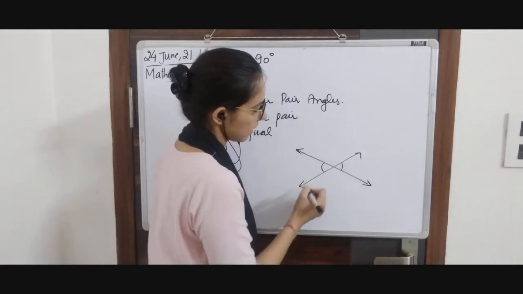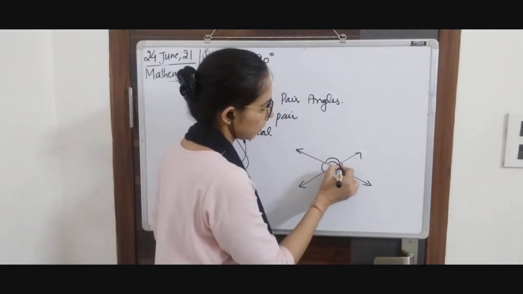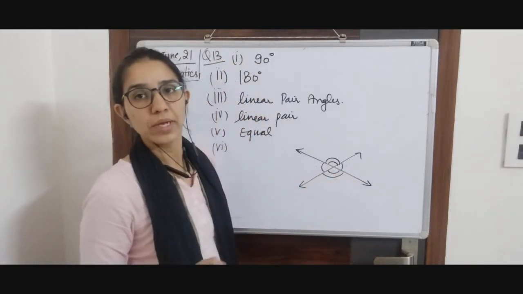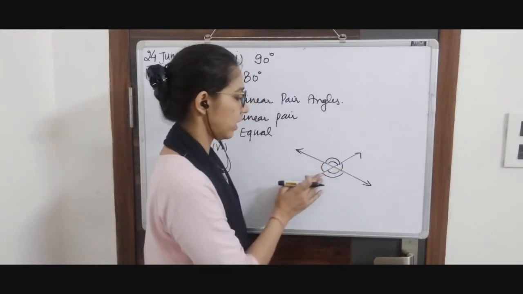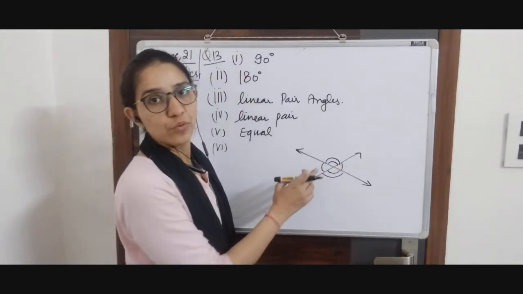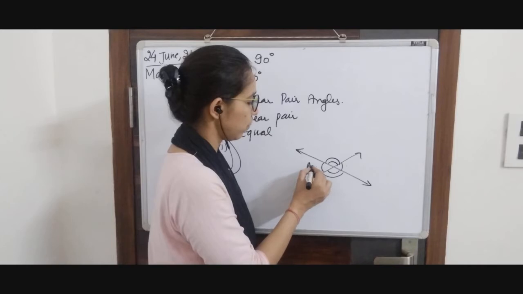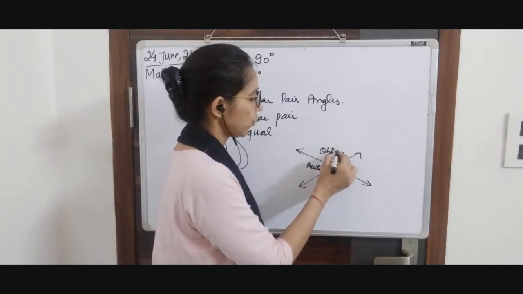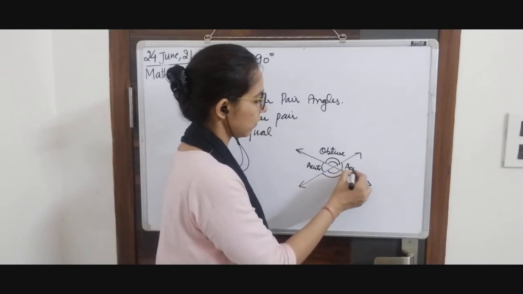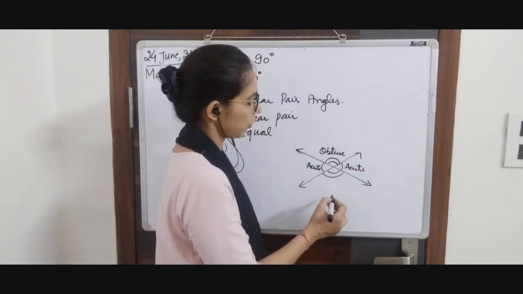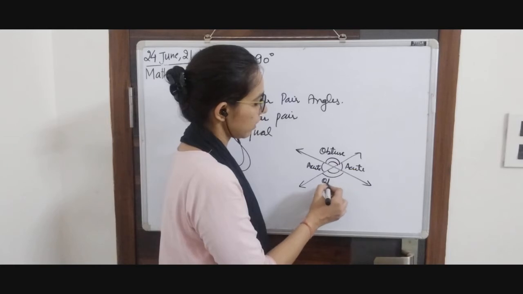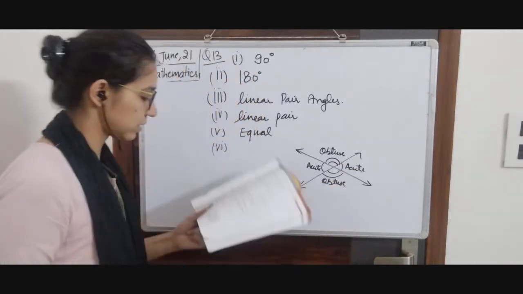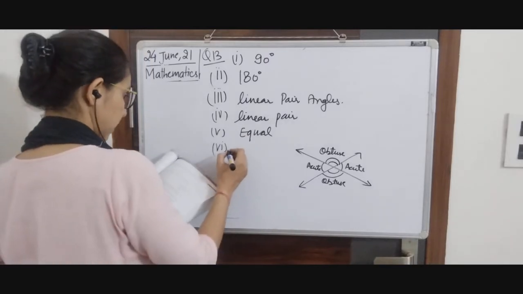These are acute, less than 90. So what is going to be the other pair of vertically opposite angles? Because the sum of angles on a line is going to be 180 and one is acute, the other one is going to be obtuse. So if one pair of vertically opposite angles is acute, then the other pair is going to be obtuse. So the answer is obtuse angled.